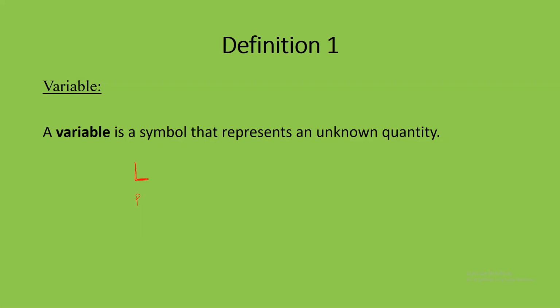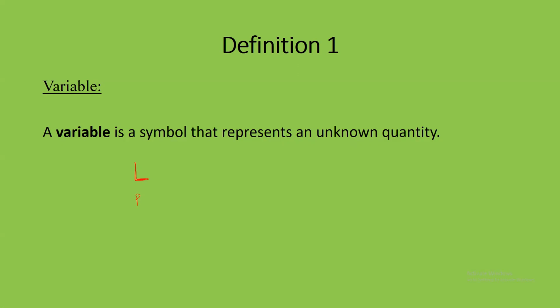So really, variables are nothing more than symbols that represent unknown numbers, unknown quantities. And one of the things that we do in algebra is we try to figure out what those unknown quantities are, or at the very least to simplify the expression that has those quantities.